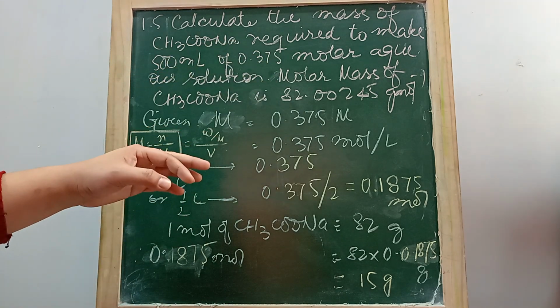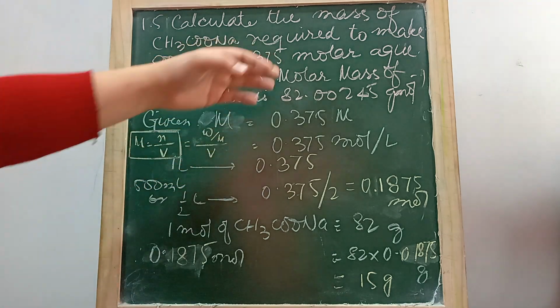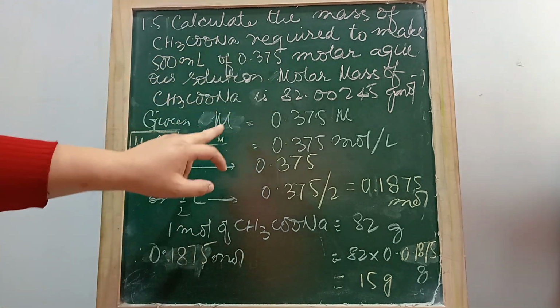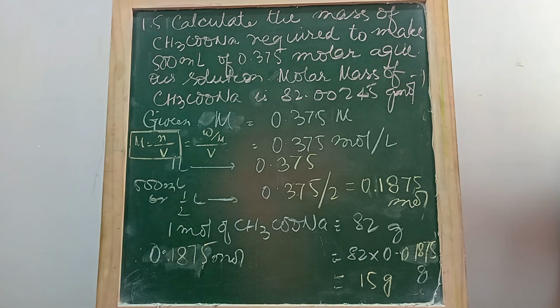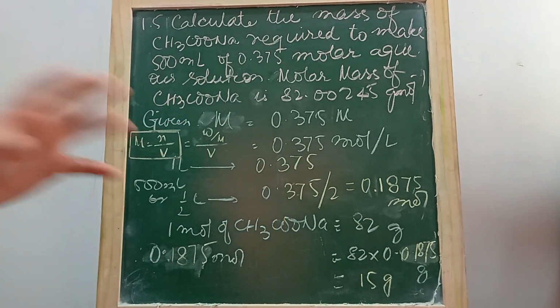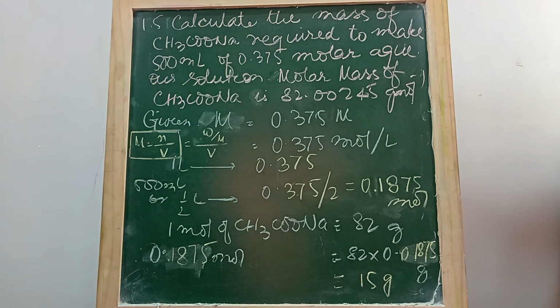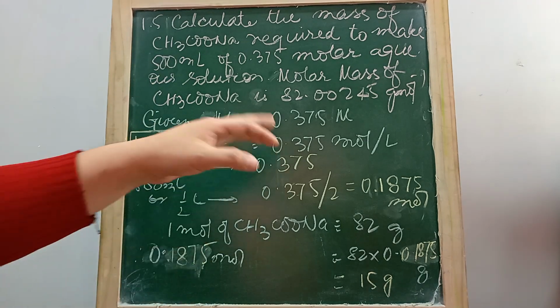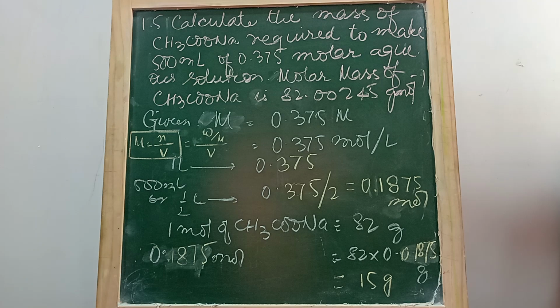So let's try to understand what this concentration means. 0.375 molar means that 1 liter of the solution contains 0.375 mole of CH3COONa. That is the concentration you're required to prepare.